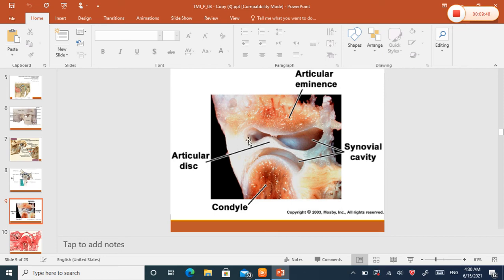It divides the temporomandibular joint into the meniscotemporal cavity, in this area, which allows a gliding movement, and the meniscocondylar cavity, this smaller cavity, which allows hinge movement of the condylar head.